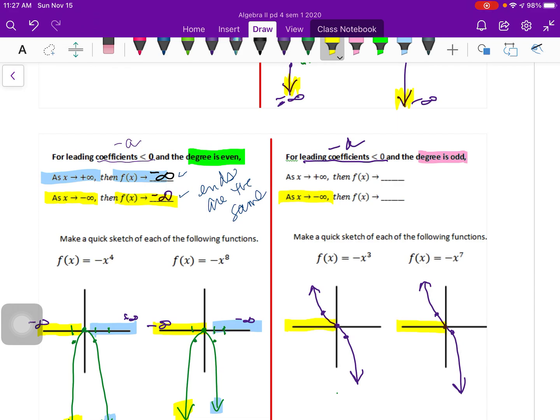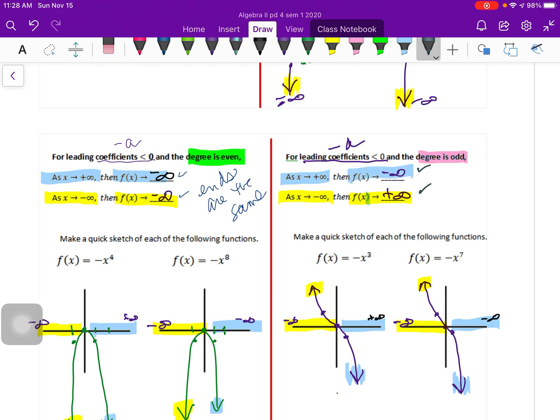Left means x goes to negative infinity. What is happening to the ends, the y's? Either graph, they go up, so that's to positive infinity. Then to the right, as the x's go towards the positive end, what is happening to my y's? They both go down. So down is negative infinity.